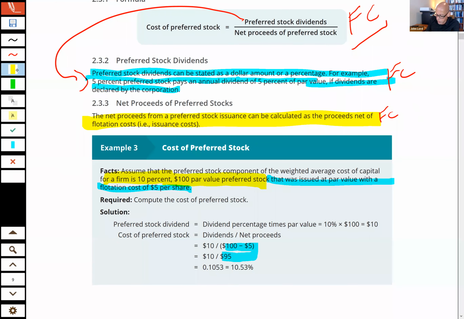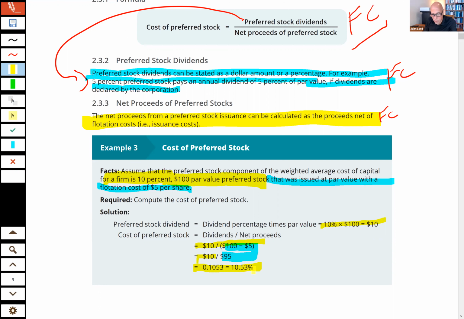The numerator here is the par value of the stock times the 10%. So we have a dividend of 10. And so you go ahead and do the math on that, and you get the cost of the preferred stock, 10.53.